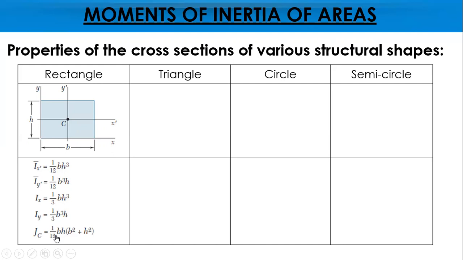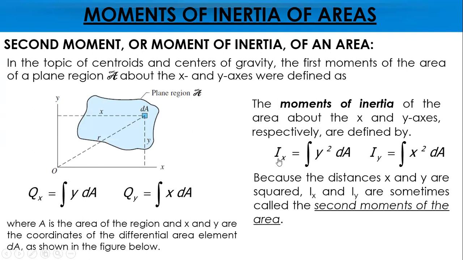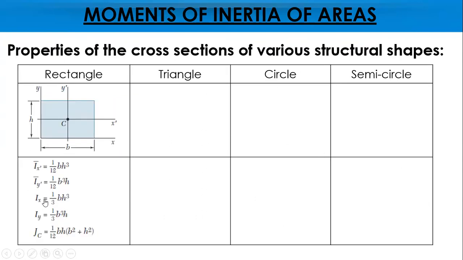The moments of inertia of a cross-section with respect to the x and y coordinate axes are derived using these expressions: for Ix, the integral of y squared dA, and for Iy, the integral of x squared dA. So these expressions for Ix and Iy were derived using integration.